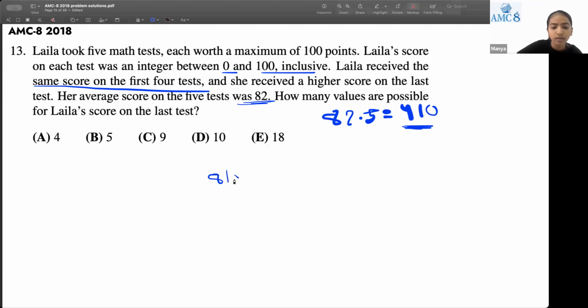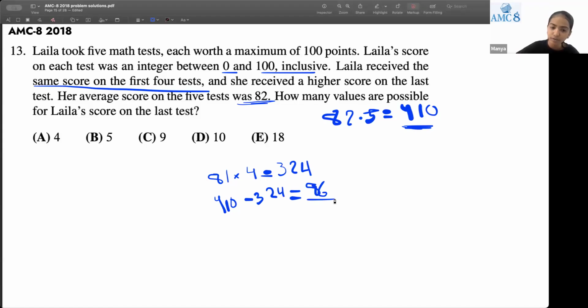Then we do 81 times 4, which gives us 324. Then we do 410 minus 324, and we get 86. So 86 is one of the possibilities.